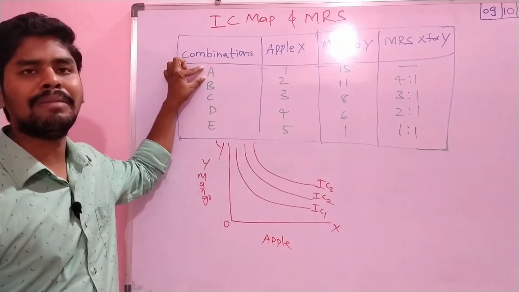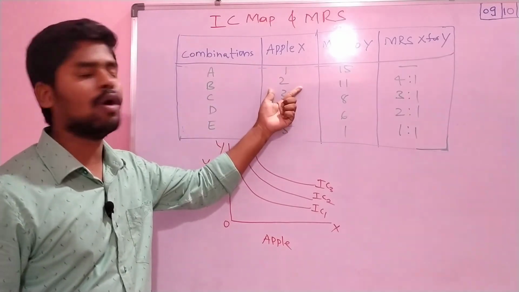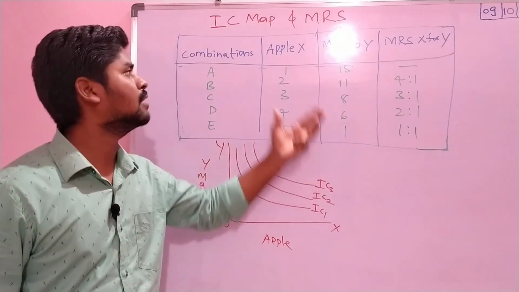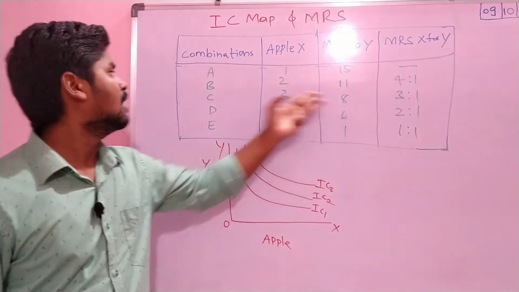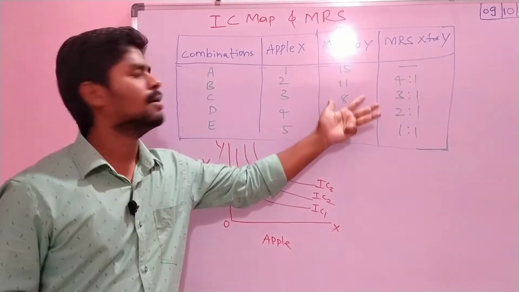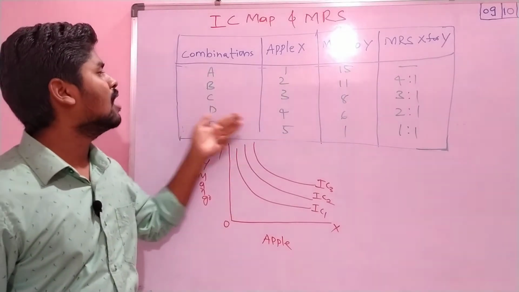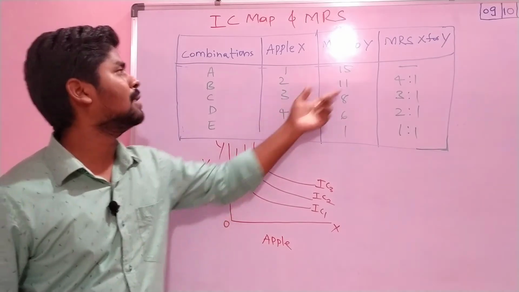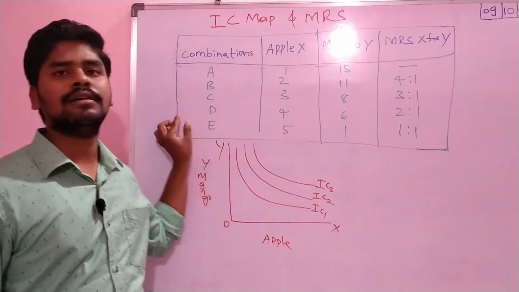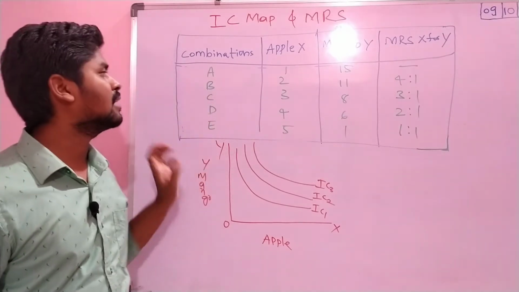For each combination, such as B, C and D, the matter is how many apples and how many mangoes we are taking.